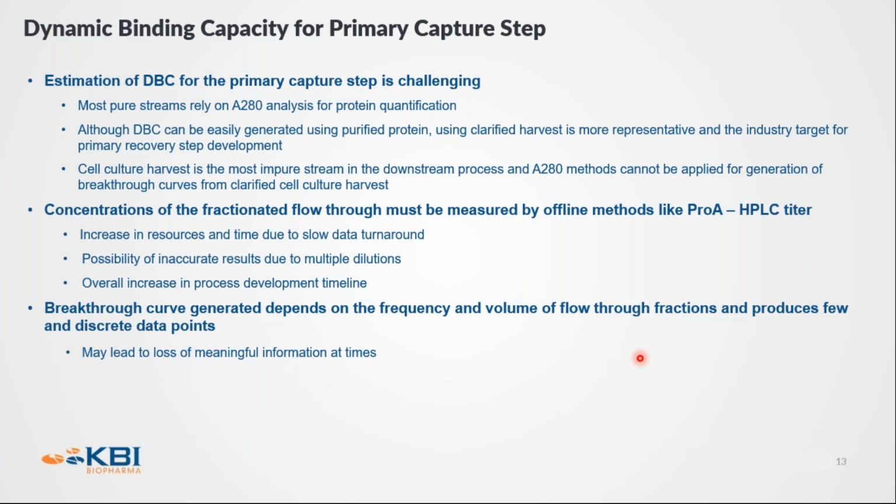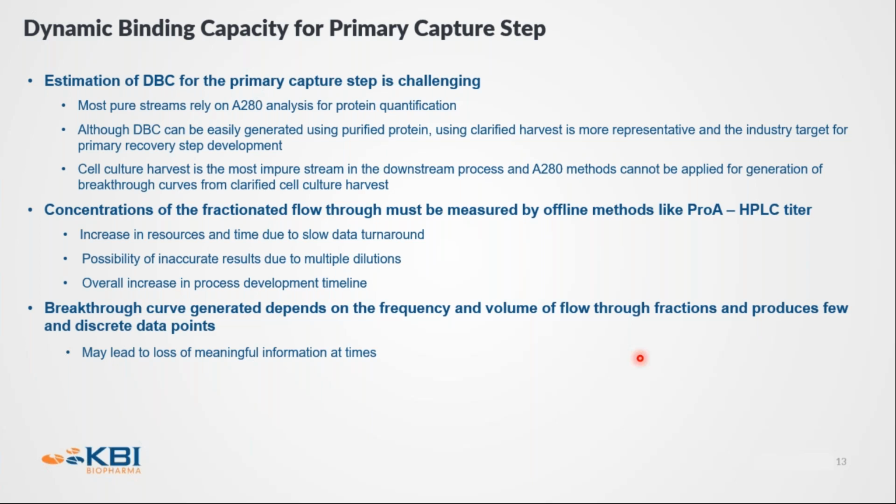So as a result, we cannot monitor the target protein concentration in the effluent during the DBC determination for a Pro-A resin. Now, you would argue that we can use a pure protein for DBC determination of protein A resin. And yes, we can do that. Academic settings often use pure proteins for determination of DBC on Pro-A resin. But the industry standard is to use the clarified harvest.